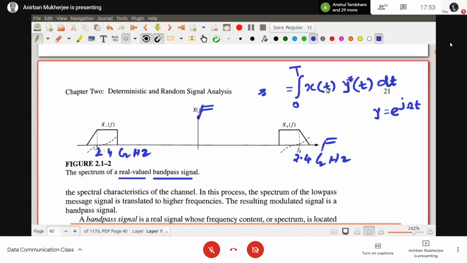So you are calculating the similarity of x(t) and e to the power j omega t. You change omega and see the similarity of x(t) with different complex exponentials. If you project your signal onto a complex vector space, the result will be complex.